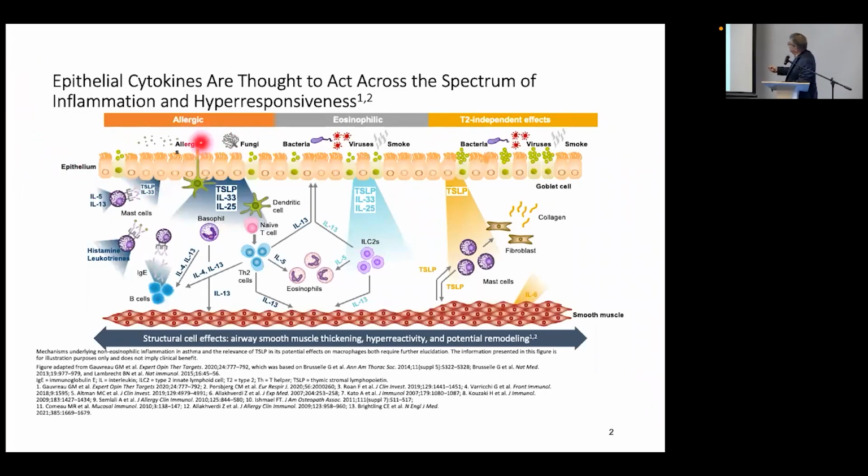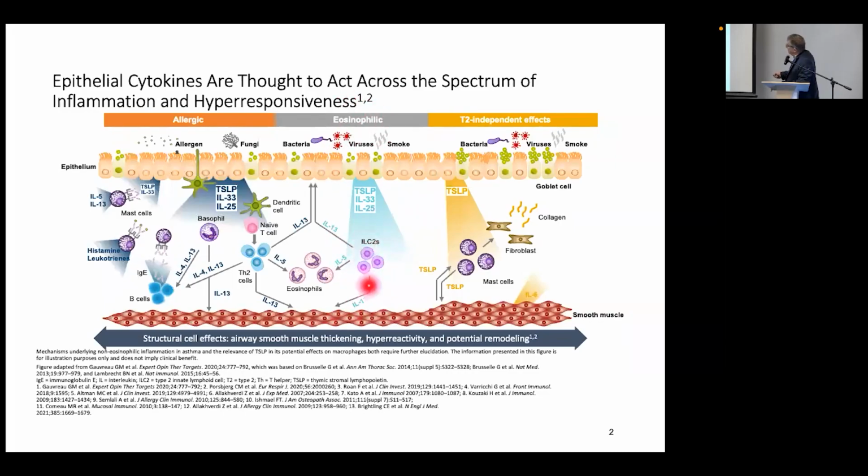This is the first. Then you have the eosinophilic, and you could also have stimulation from allergen, fungi, but you have also bacteria, virus, smoke, and that stimulates the alarmins, TSLP and IL-33, which stimulate the T cells from the innate immunity.